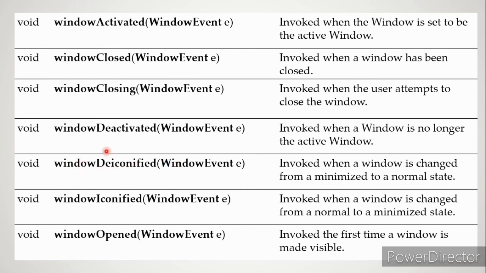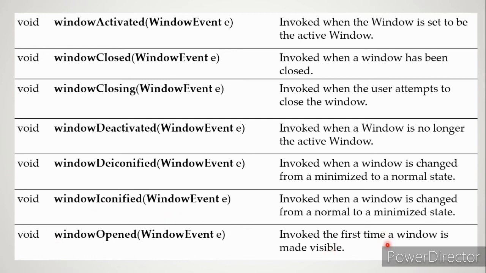At that time the window listener interface will call this method. Next is windowIconified. It means we minimize the window. At that time the windowIconified event will happen, and the corresponding window listener will call the windowIconified method to handle that event.